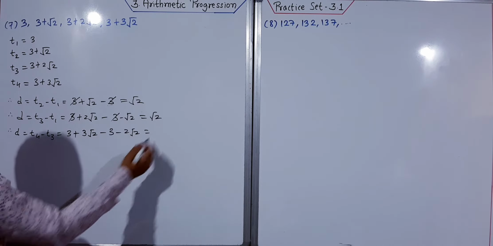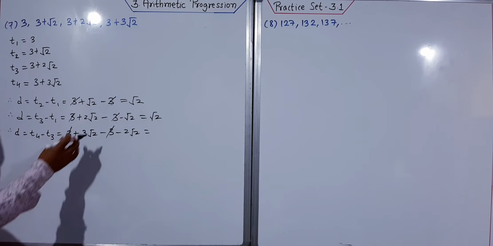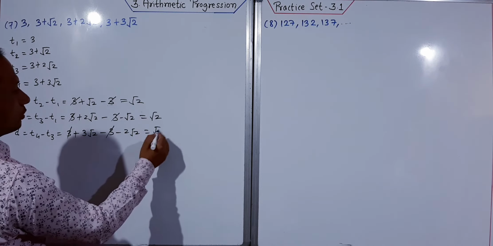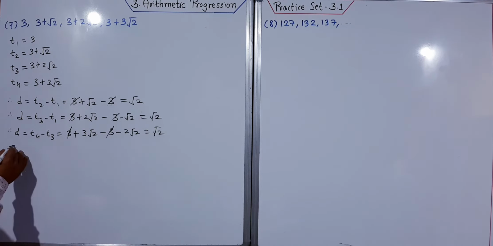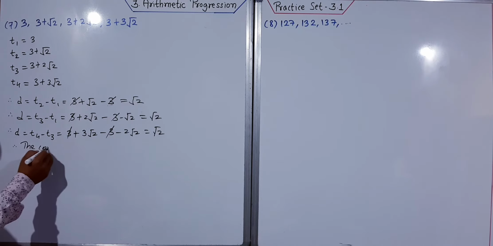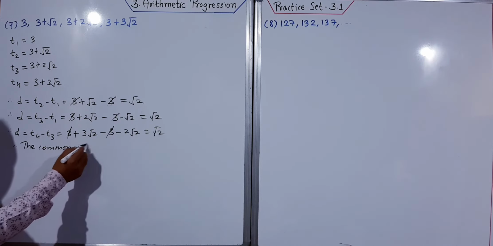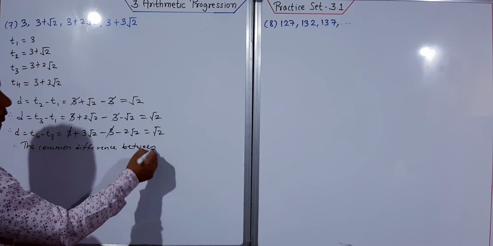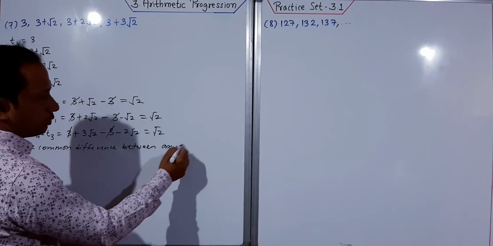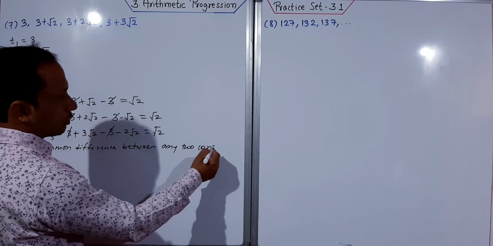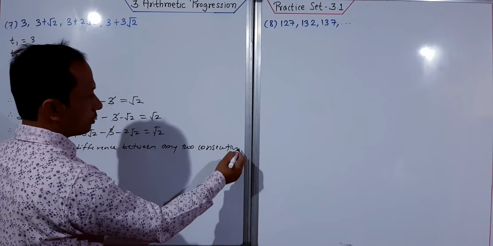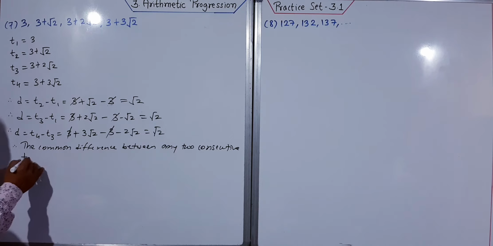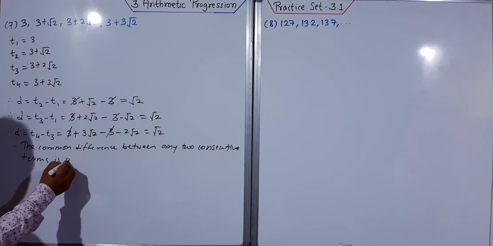This 3 and minus 3 get cancelled, and 3 root 2 minus 2 root 2, so you will get root 2. Therefore the common difference between any two consecutive terms is constant.